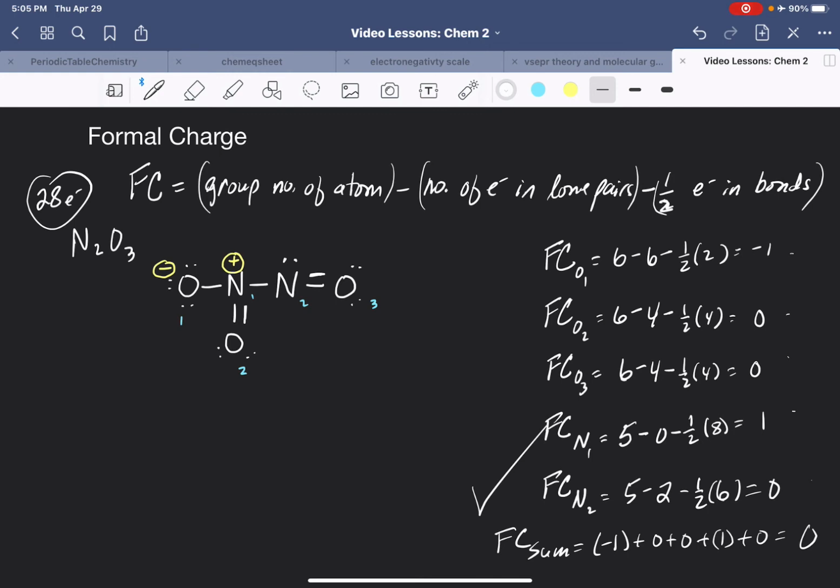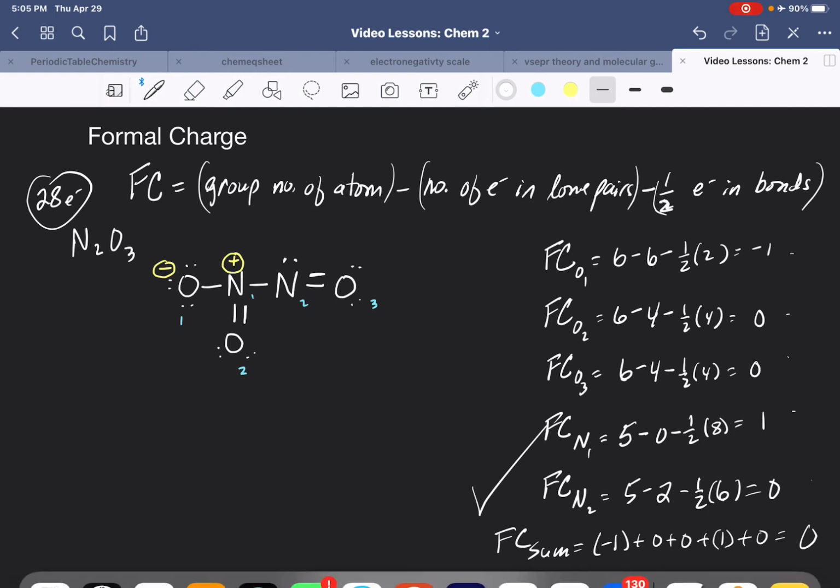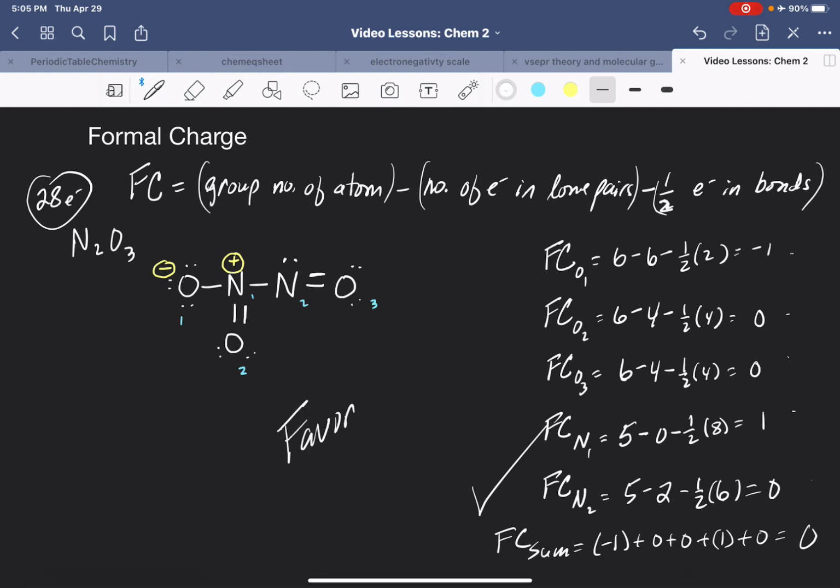And so this is looking like what we would call a favorable structure. The formal charges should be as close to 0, as many atoms as possible should be as close to 0 as possible. And here, almost every atom is 0, with the exception of 2 of them.